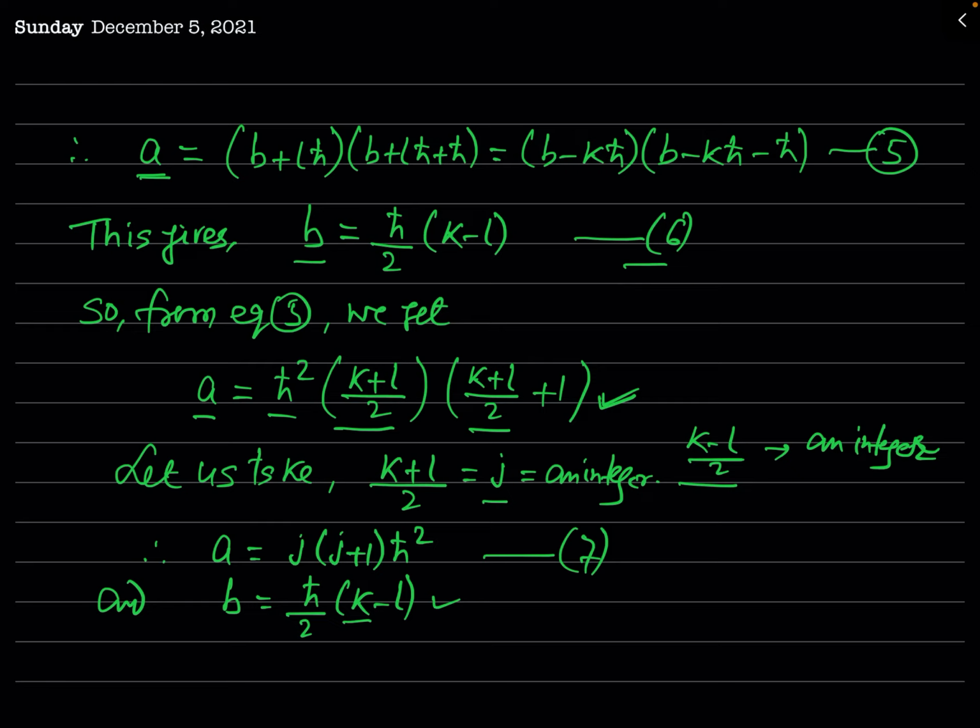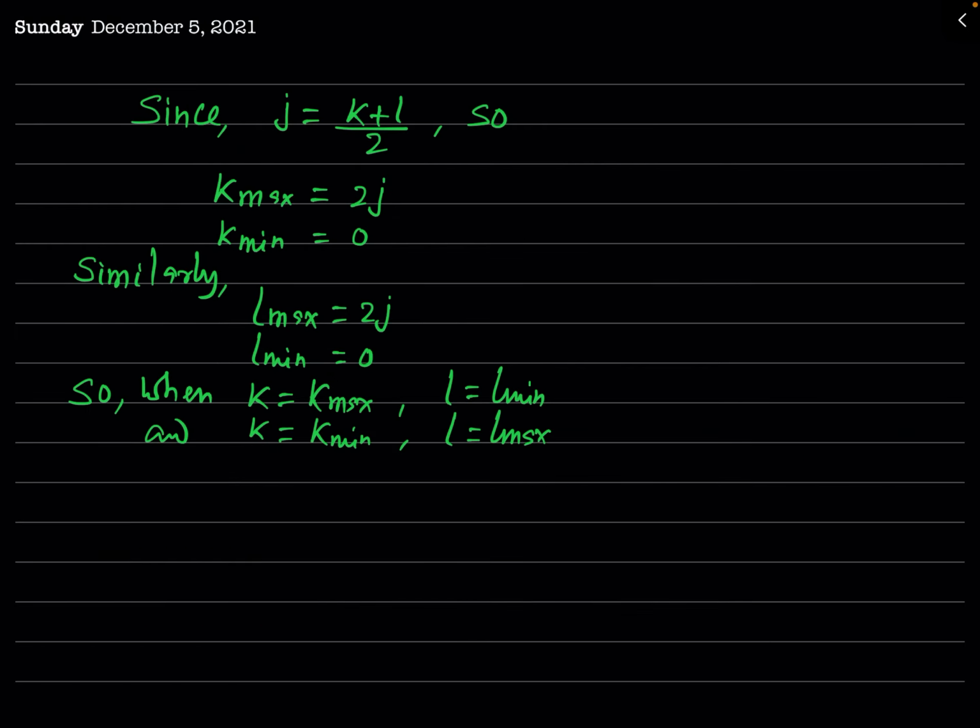So taking the minimum value of L and maximum value of k, you can find the maximum value of B. And similarly, taking the minimum value of k and maximum value of L, you can find the minimum value of B.